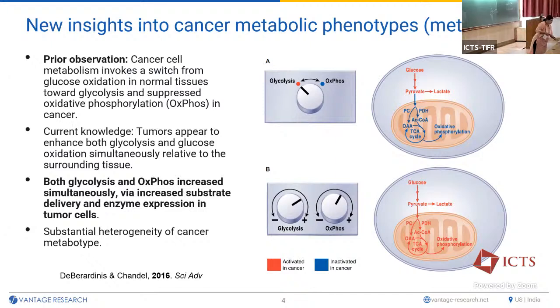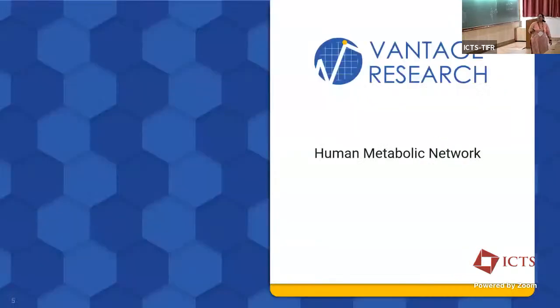Okay, so we move on to the next one, which is the human metabolic network. The first metabolic network was basically developed for microorganisms. From the lower organisms, we evolved to form the metabolic network for the human.